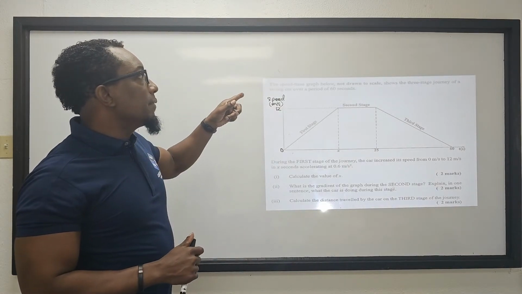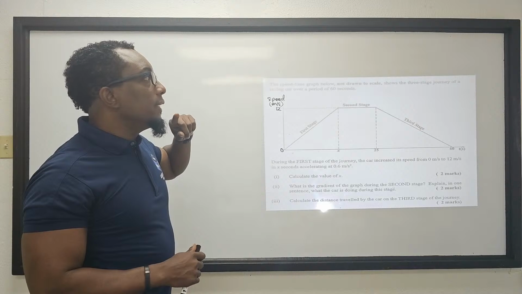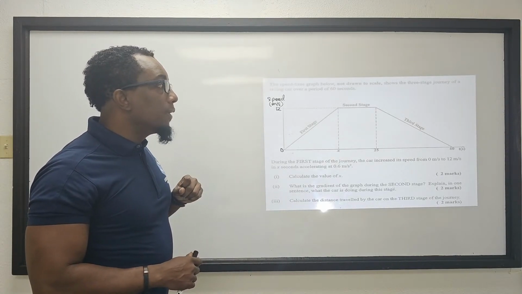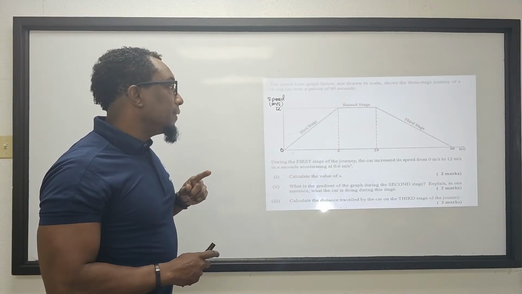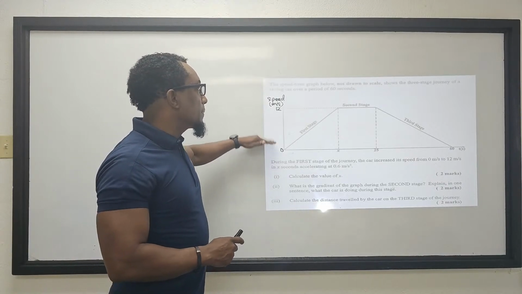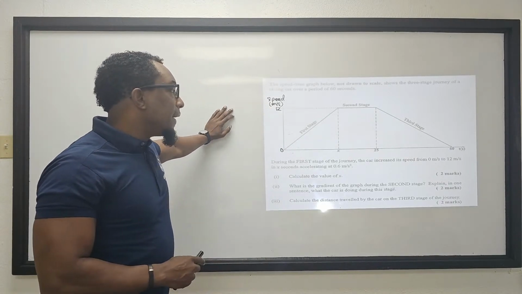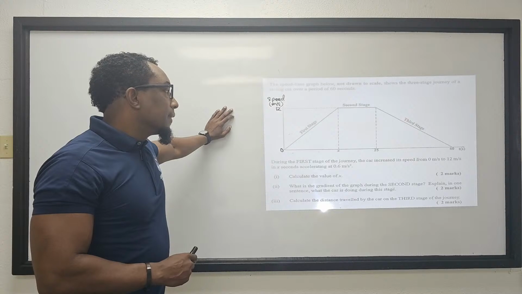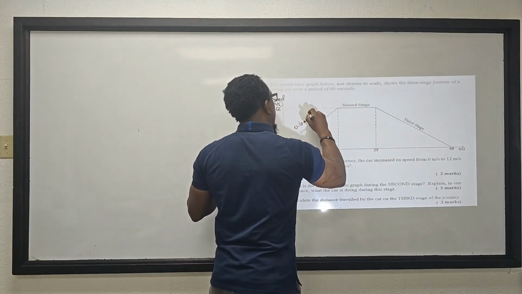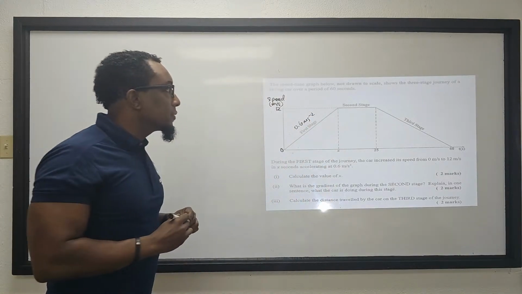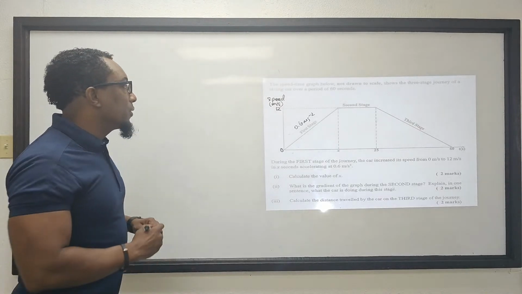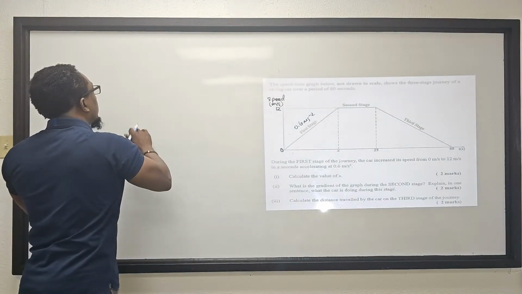Of course, the speed time graph below, not drawn to scale, shows the three-stage journey of a racing car over a period of 60 seconds. During the first stage of the journey, the car increased its speed from 0 meters per second to 12 meters per second in x seconds, right? Accelerating at 0.6 meters per second squared. So this represents the acceleration, first stage, right? Calculate x. So you know acceleration, this is part 1.